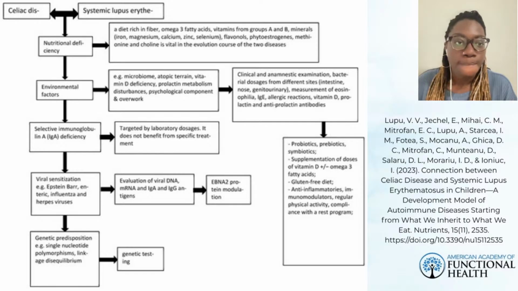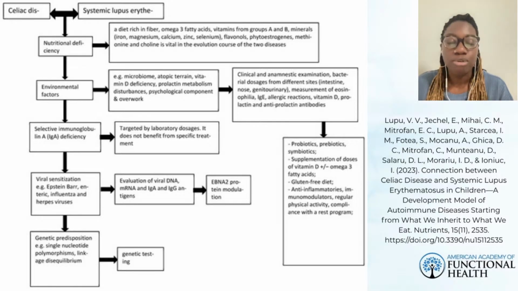We'll also see a secretory IgA and a general IgA deficiency. That tells us that the primary immune cell in the gut is reduced, so our immune system is not making as much of it, and that could lead to immune dysregulation as well.